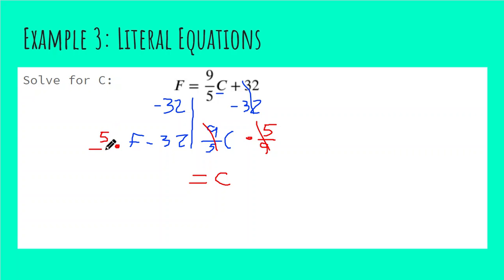And I'm timesing this whole side by 5/9. So since I'm timesing this whole thing by 5/9, my answer can be 5/9 parentheses, because a number next to parentheses means times, F minus 32. And that's my final answer.